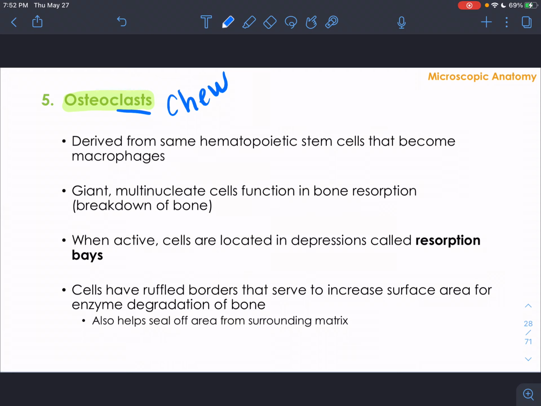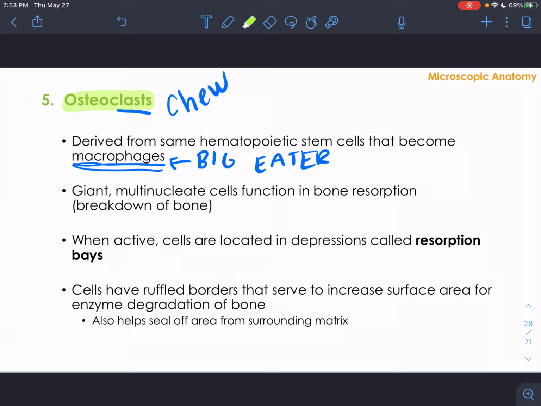They are derived from the same stem cells that become macrophages. I don't know if I said it in previous chapters when we talked about macrophages, but macro is big, phage means eater. So macrophage is a big eater. That's me, I'm a macrophage. They're responsible for chewing up and eating cells that are no longer needed, or bone tissue that's no longer needed.